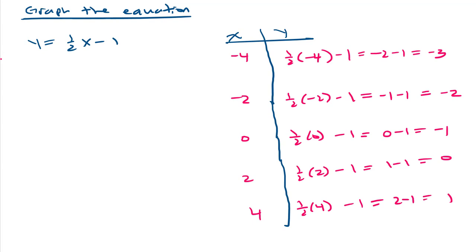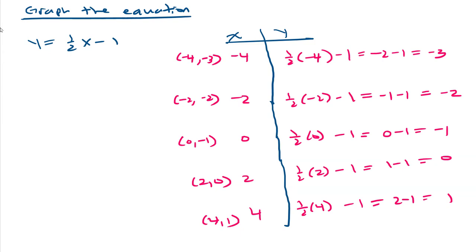So here, that's going to be my ordered pairs. We're going to have -4, -3. Then we have -2, -2. Then we have 0, -1. Then we have 2, 0. And then we have 4, 1. Okay.